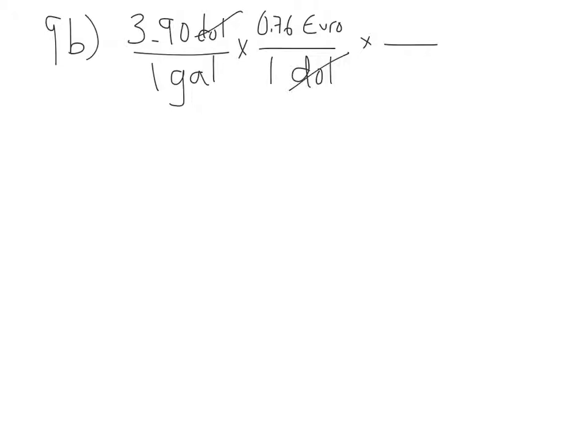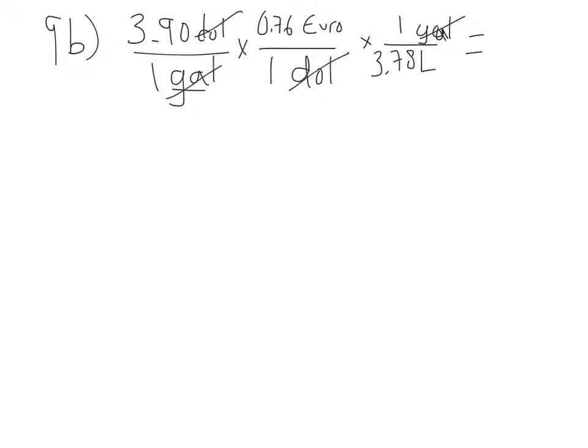So I'm going to do my conversion factor from gallons into liters. The reason I have gallons on top is because over here gallons is on bottom, and now these can cancel. I know that 1 gallon is 3.78 liters.